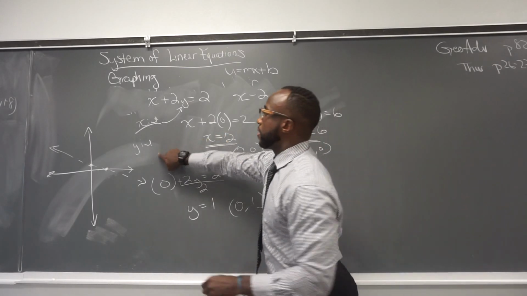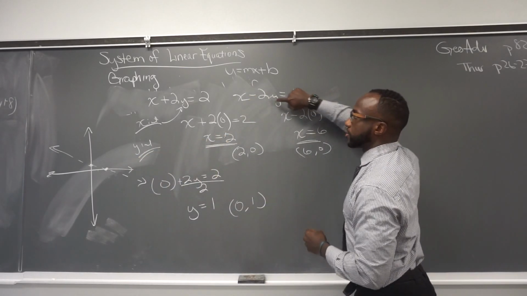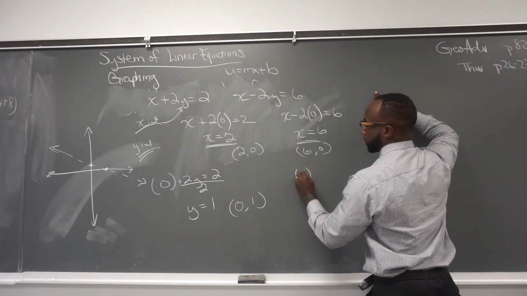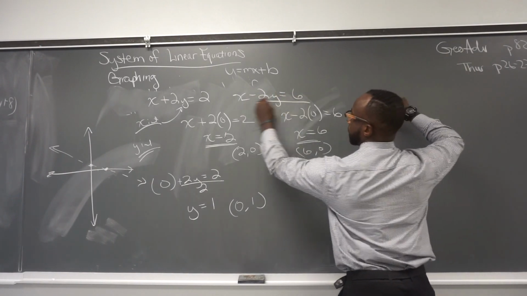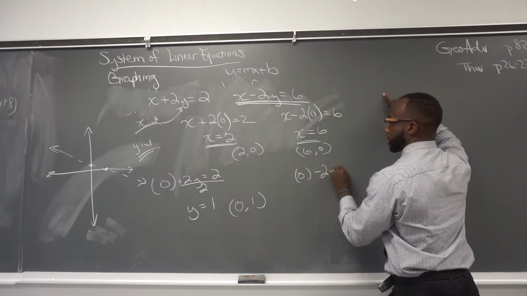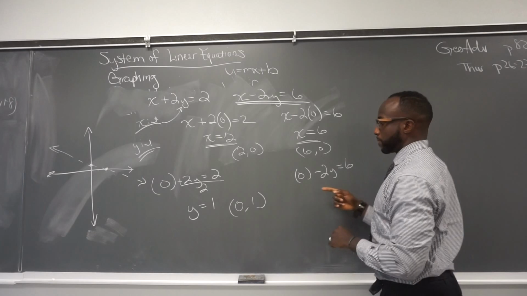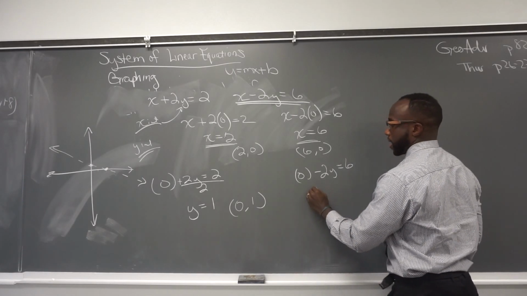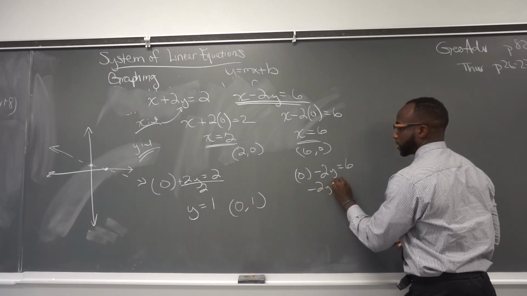And now we have to find our y-intercept. Y-intercept is when x equals 0. So now we're going to substitute 0 in for x of this equation. So it's going to be x minus 2y equals 6. That leaves us with negative 2y equals 6.